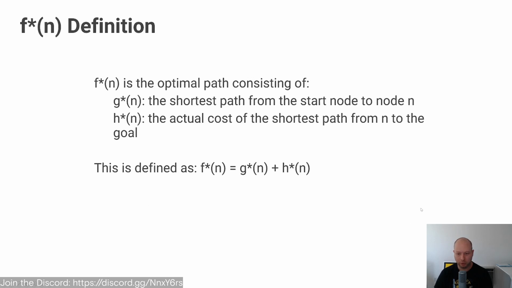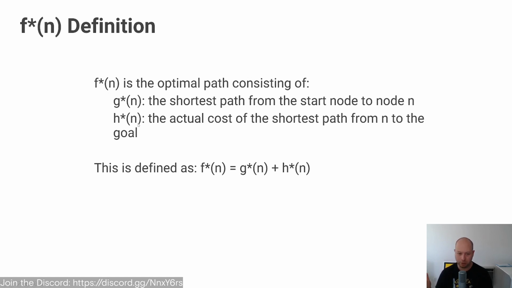Cool. So in any particular case, you're at an n, and there is a true value of h of n and a true value of g of n. It's kind of funny to say g optimal of n because we know this is a deterministic function, but we don't know h of n, right? So we want to know f optimal of n, but we can't because h of n is not known to us.